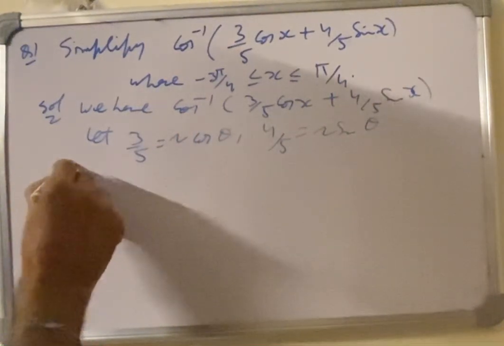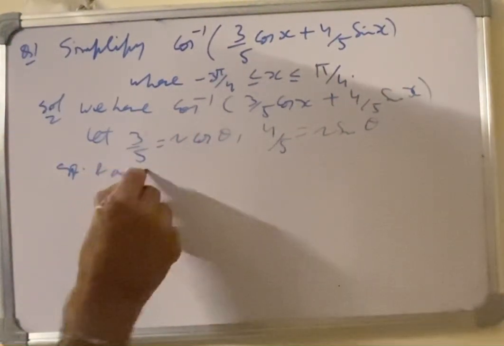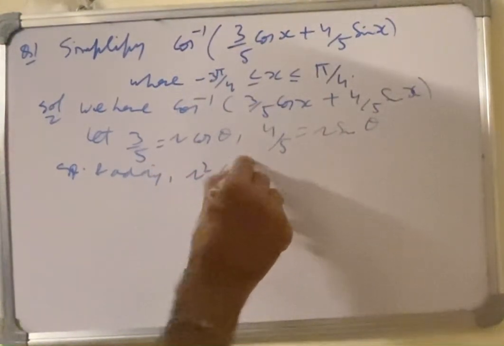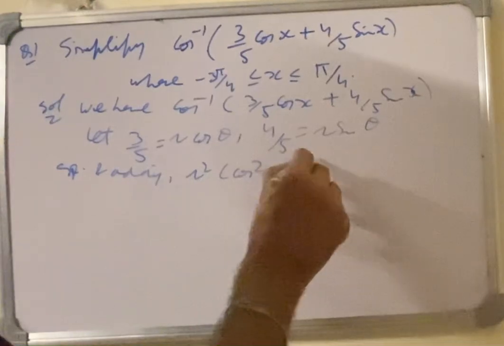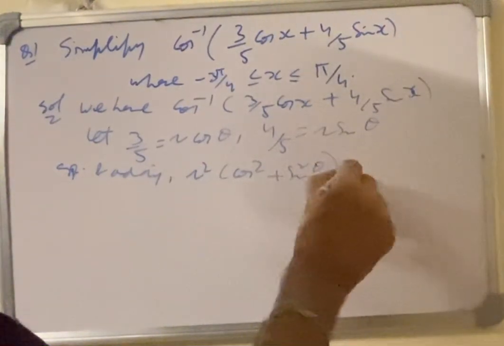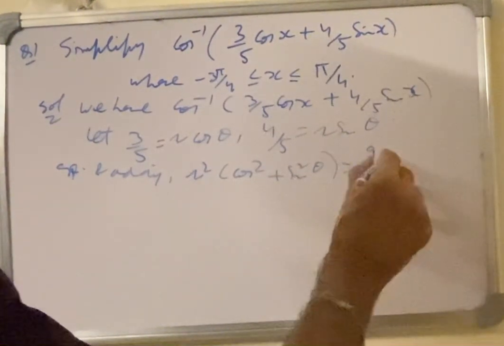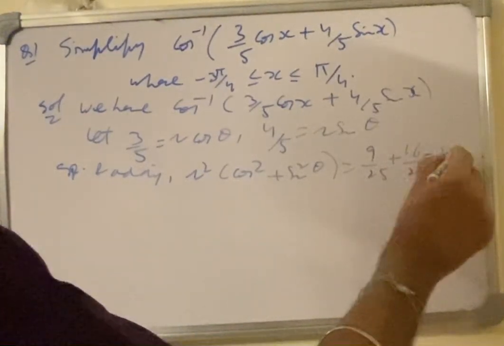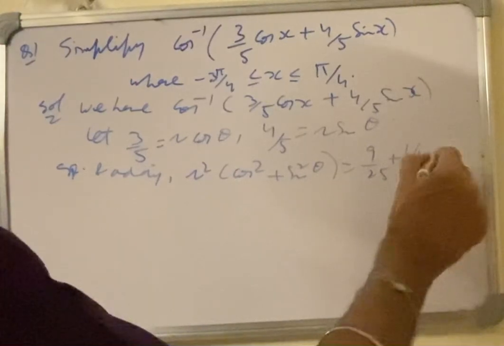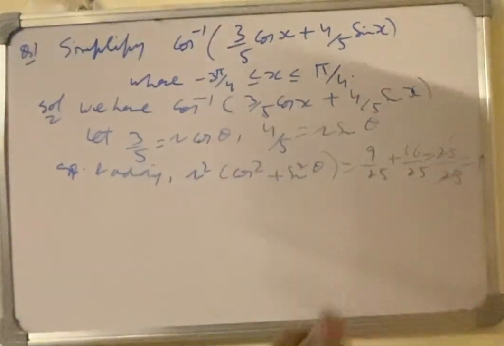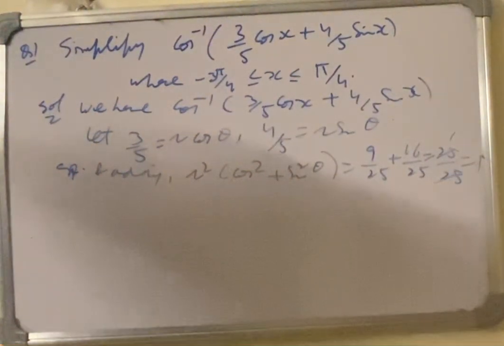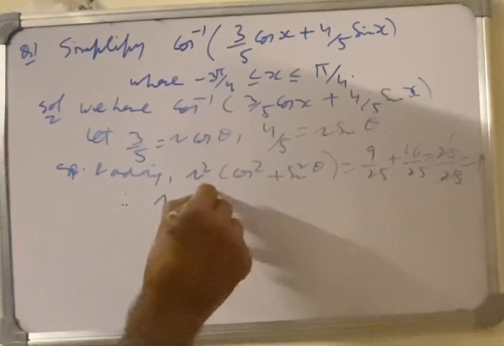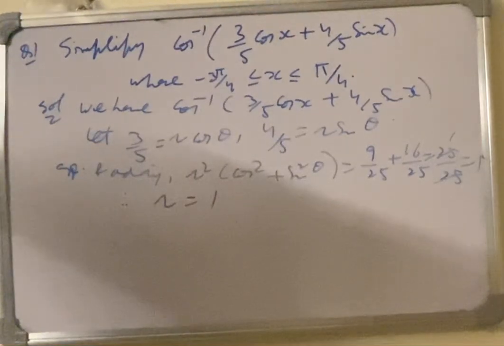Squaring and adding, we have r square into cos square theta plus sin square theta is equal to 9/25 plus 16/25 is equal to 25/25 is equal to 1. Therefore, r is equal to 1.